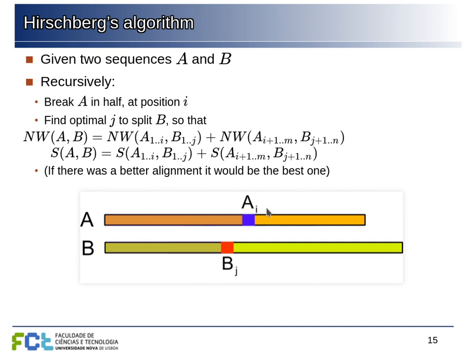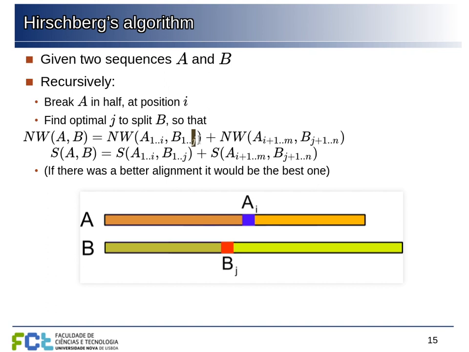Now, if we split A at position I, there must be some position J for B, for which what comes before J is what aligns with what comes before I on sequence A in the optimal alignment, and what goes after J is what aligns after I in the optimal alignment.